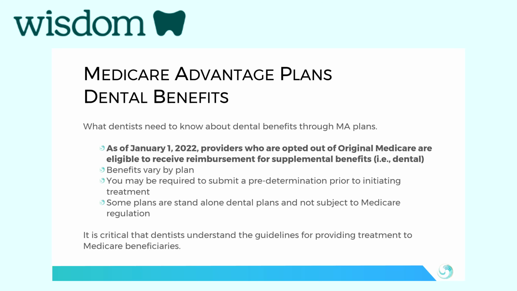Sometimes it means you may not be able to bill the patient for that service. So you need to know what these requirements are, including a predetermination requirement. Get to know your payers, get to know your plans, and understand their processes. Again, it's no different than understanding our dental payers' processes and what they require.